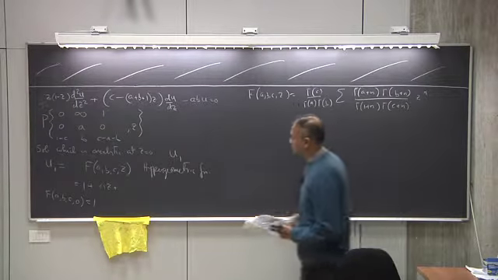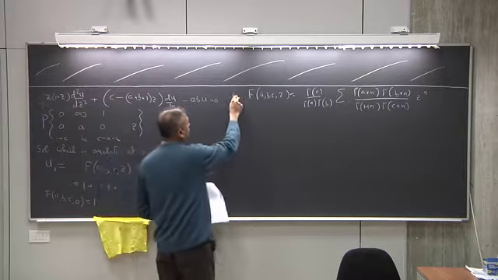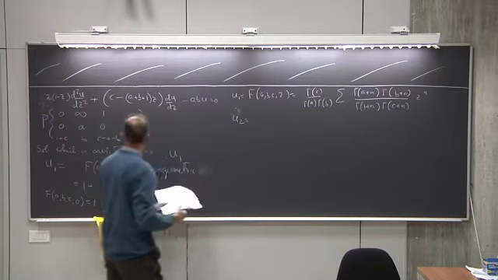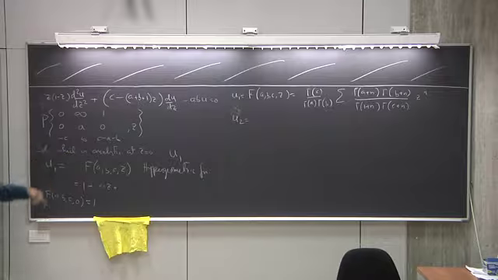Furthermore, we also looked at the other solutions. So this was u1, and similarly we obtained u2, which goes like z to the 1 minus c, the starting power.